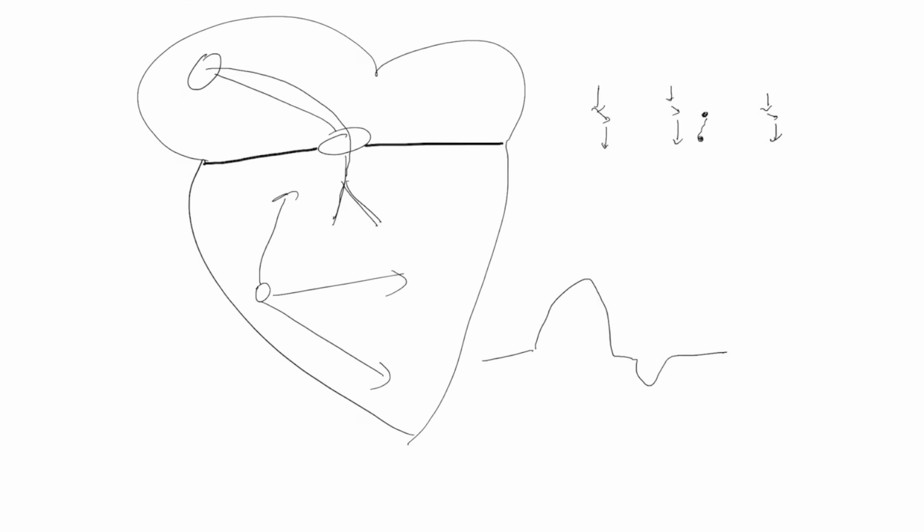So if this were the case, then the RR interval here would be equal to 2 times the normal RR interval. And this is because the impulse from here didn't really go all the way back and reset the SA node.